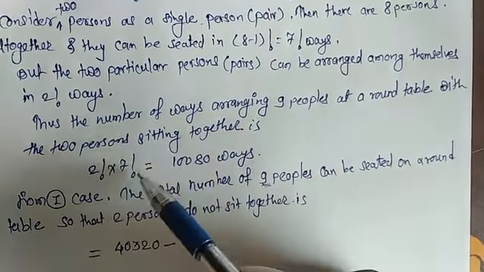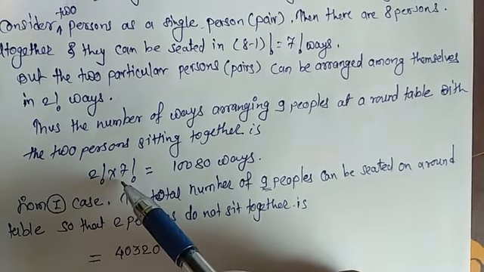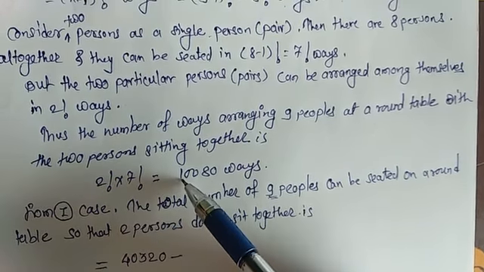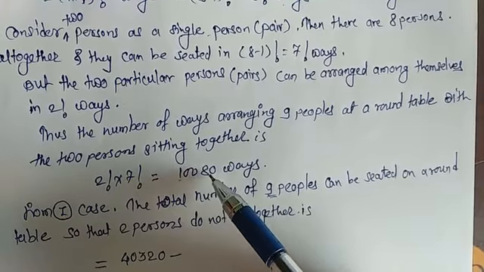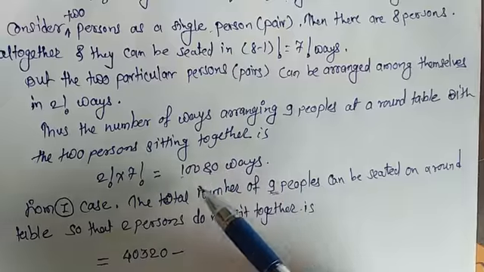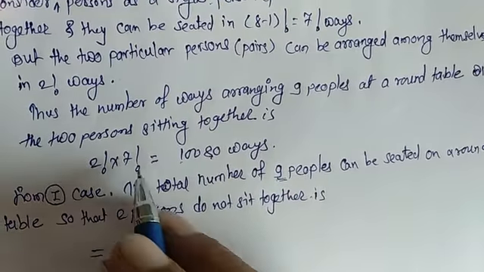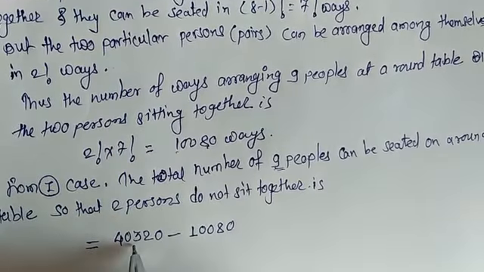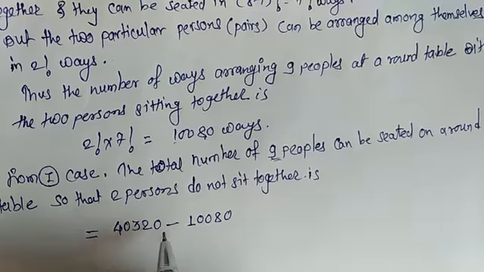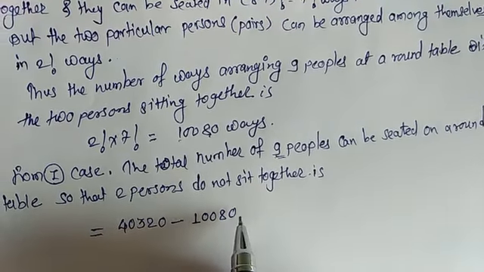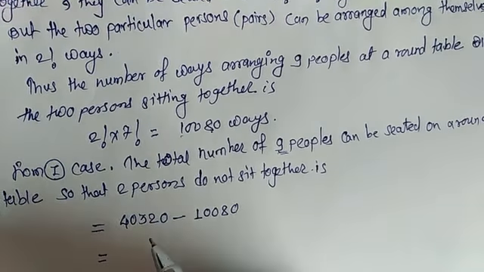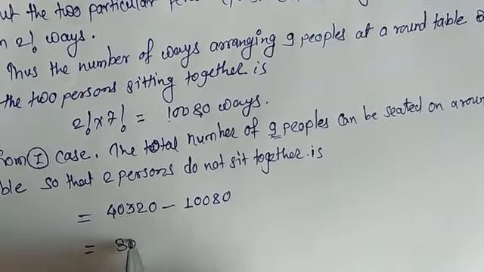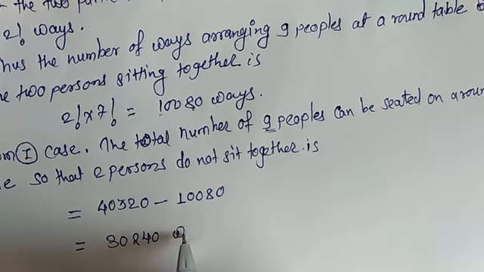And from this, the number of ways of arranging 9 people at a round table with 2 persons sitting together is 10,080 ways. So we have to subtract 10,080 from 40,320, which will give us 30,240 ways.